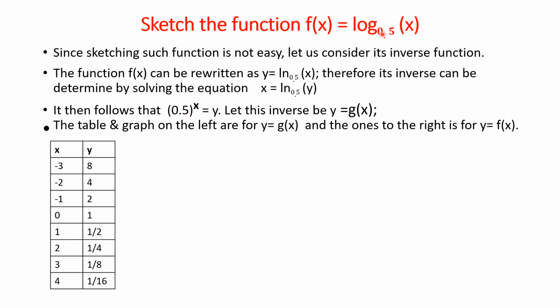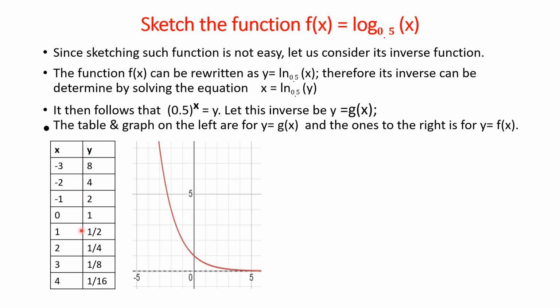So this is the table for this function, and this function is the inverse of the function that we want to plot. So all we have to do is just exchange the roles of x and y, and that will give us the table for log to the base 0.5 of x. So first, let's take a look at the sketching of this function. If we sketch this function, we're going to get something like this.